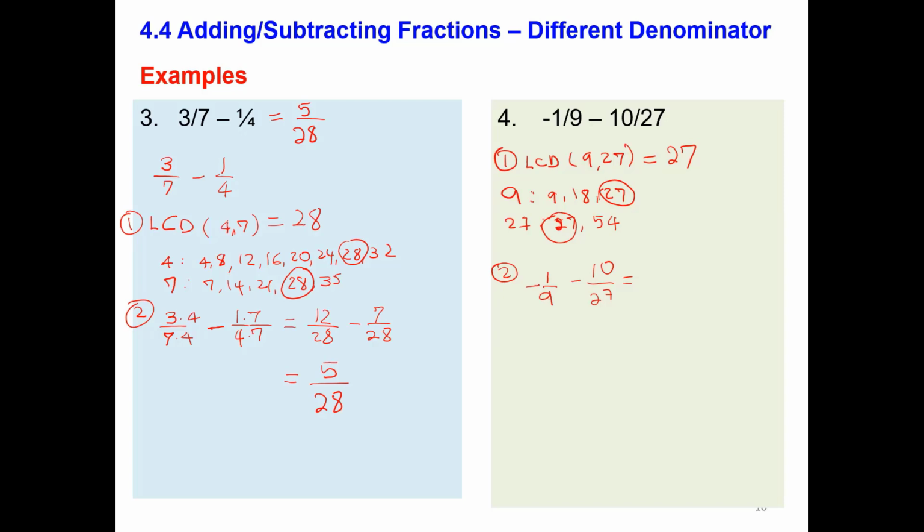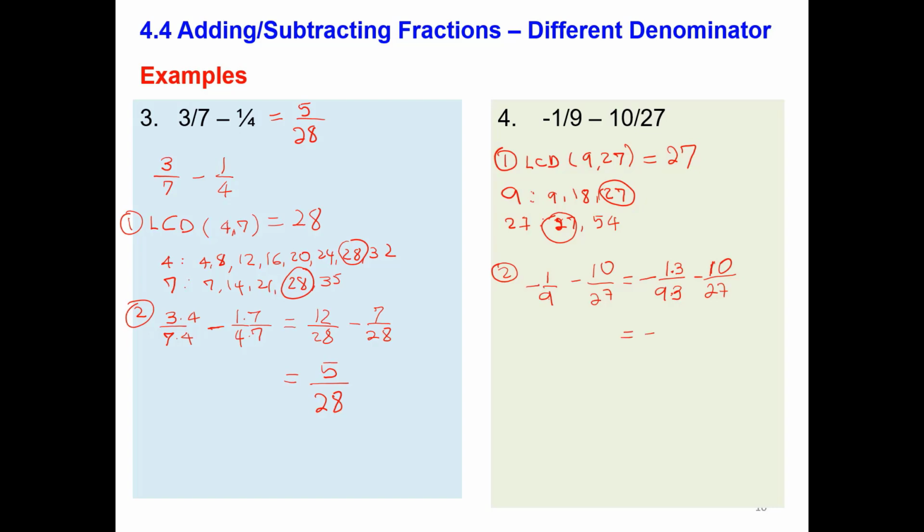Then we need to multiply the first fraction by 3, the 9 by 3. If we multiply the denominator, we need to do the same on top. Here we don't need to do anything, we can just multiply by 1, because we want 27 as the denominator.